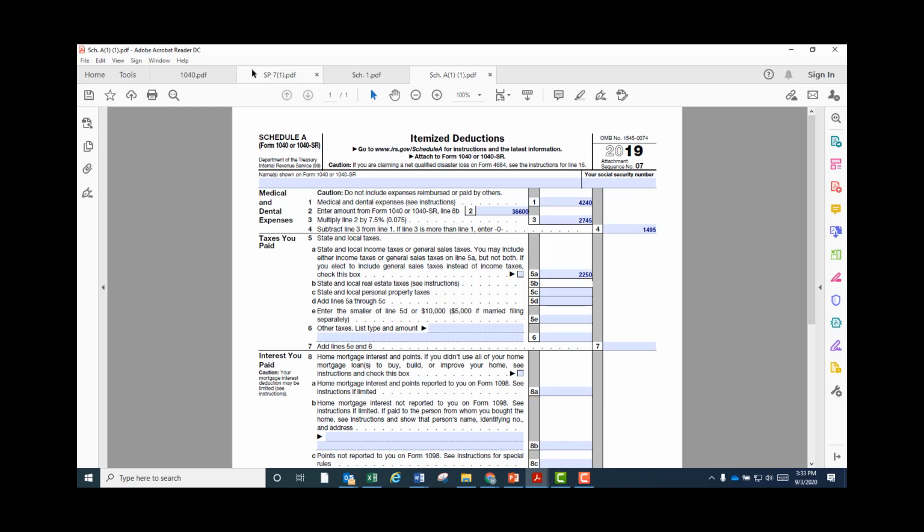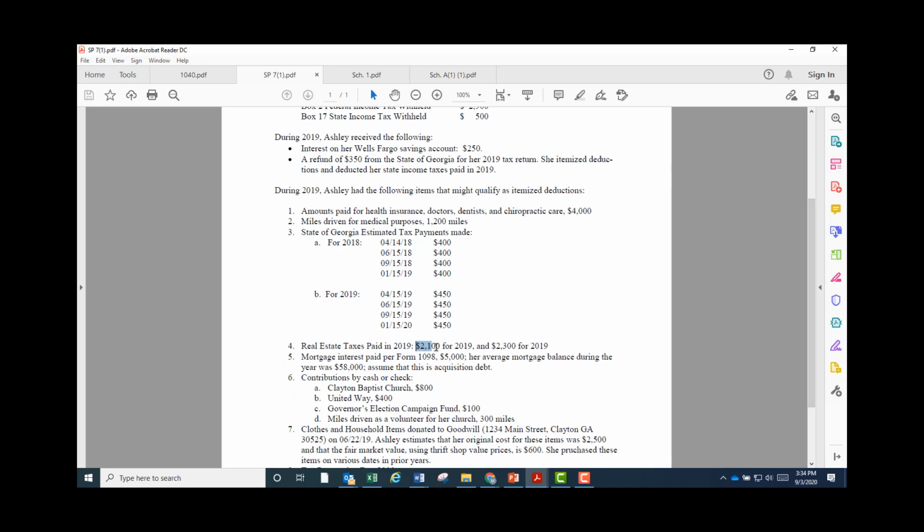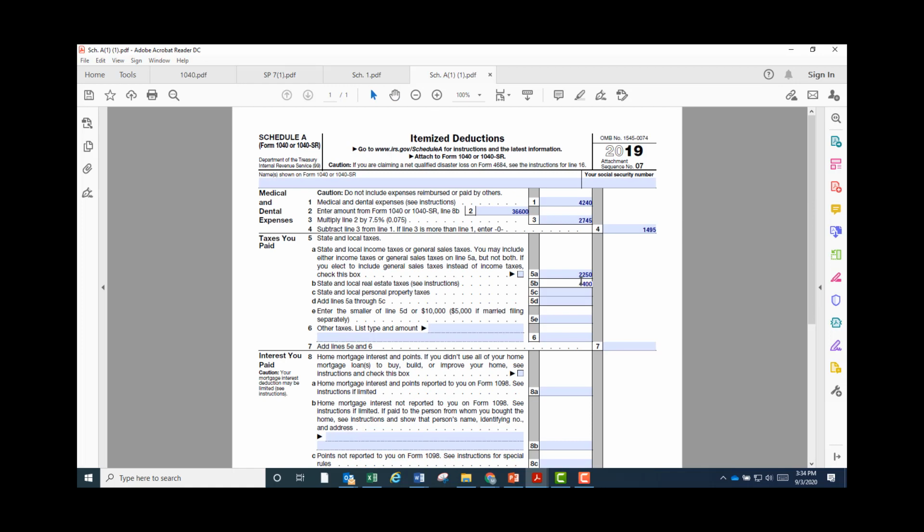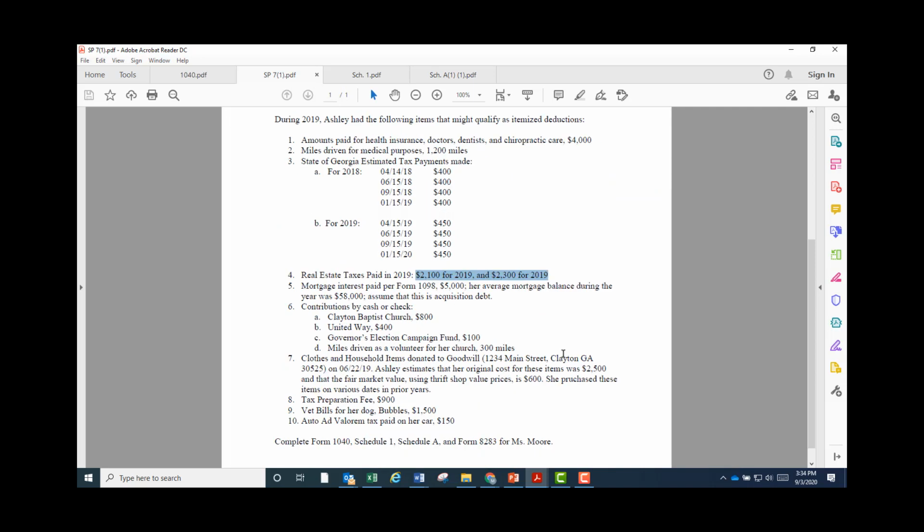So let's go back to the sample problem. Right here, we would itemize the total of all of these. That's $4,400. $4,400 goes on 5B, state and local real estate taxes. On 5C, it's the state and local personal taxes. Where is that? At the bottom here, we have auto ad valorem taxes paid on the car, $150.